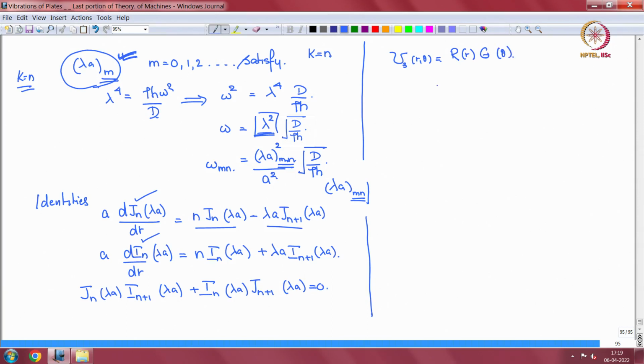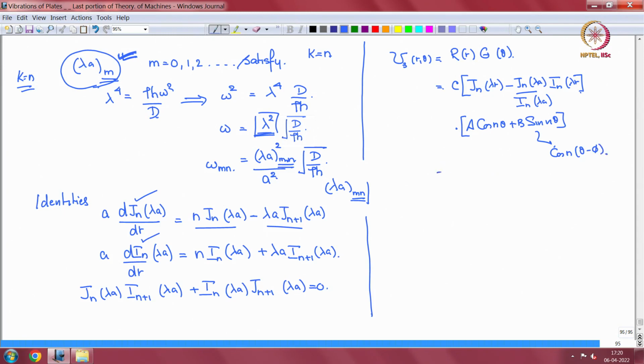So that becomes now equal to C times J_n(lambda r) minus J_n(lambda a) by I_n(lambda a) into I_n(lambda r), into A cos n theta plus B sin n theta, or we can write this as cos(n theta minus phi).